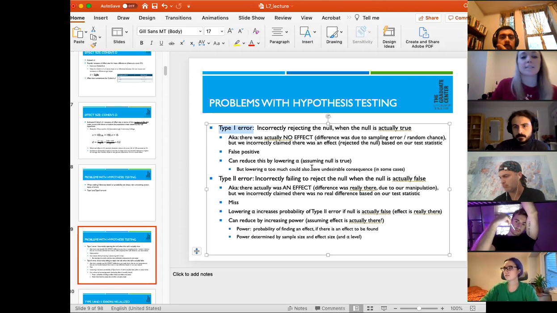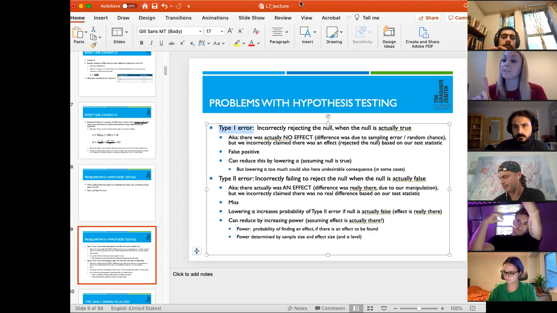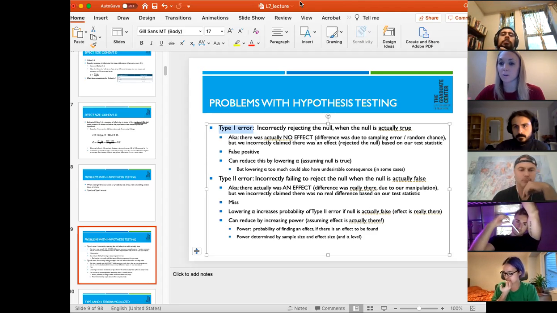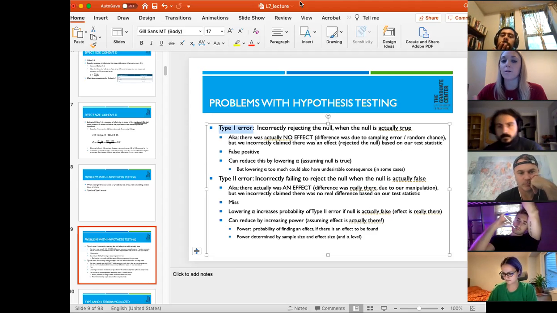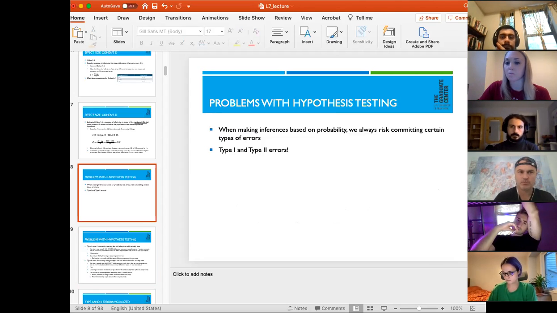But let's think about this. If you lower your alpha to 0.01, let's think about it in terms of a Z statistic. We know at an alpha of 0.05, just one-tailed 0.05, the Z critical is 1.65. What is it at an alpha of 0.01? If anyone has R still open, you can do a qnorm.